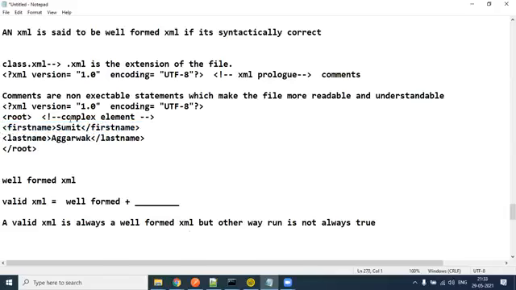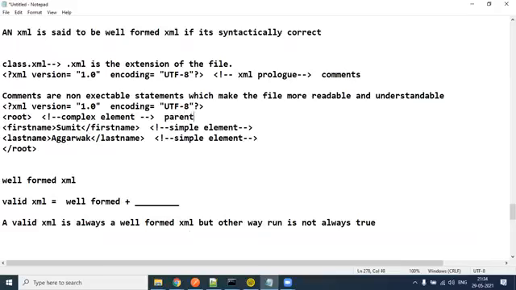First name and last name are like child elements for the root element, and the root element is like a parent to them. What about this one? Simple element. Very nice. What about this one? Simple, right?